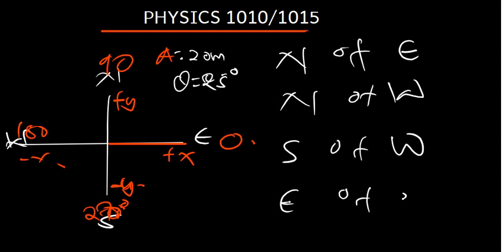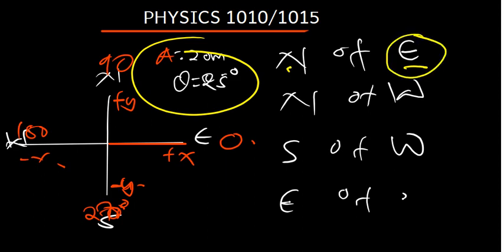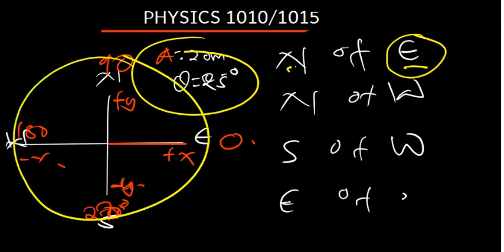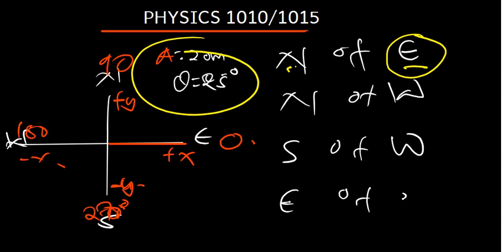25 degrees north of east, meaning this angle of vector A is nearer east than north, nearer to the last part than the first part. If this is my xy plane, this 25 degrees is supposed to be near east than north.